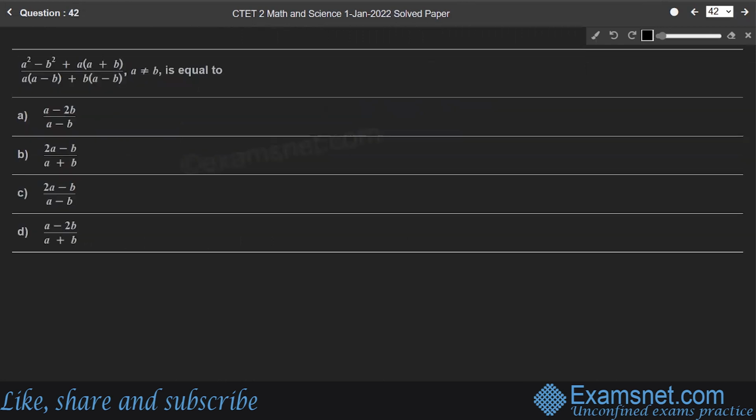Next question, question number 42. a square minus b square plus a into a plus b, whole divided by a into a minus b plus b into a minus b, where a is not equal to b, is equal to. Let us simplify the given term.